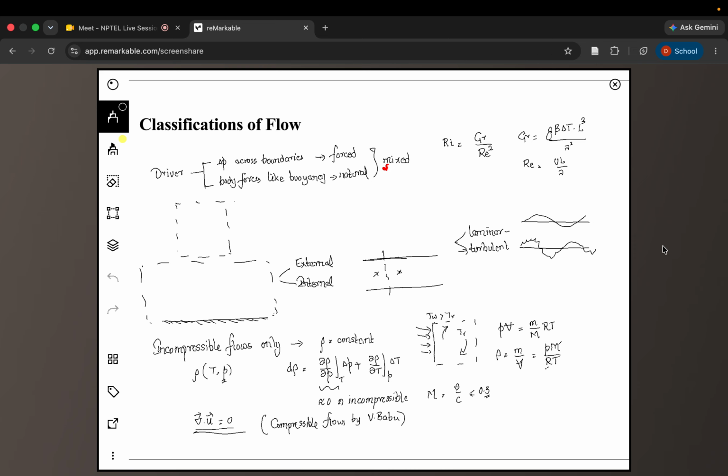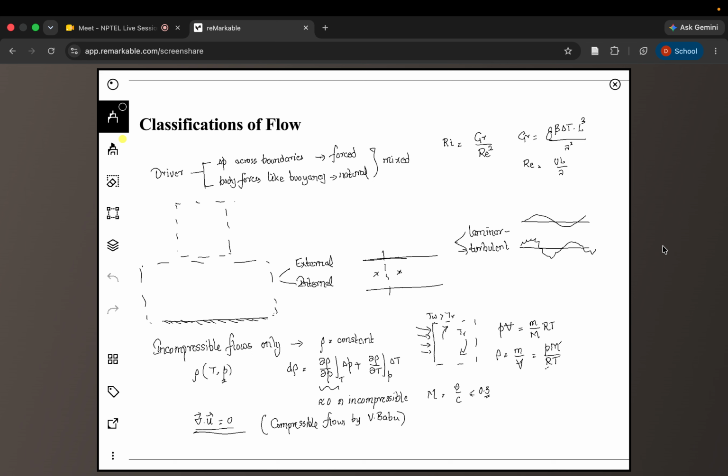And how do we identify these regions based on some non-dimensional numbers? This is important because it helps you pick the correct solver for the problem of your interest. We also classified external versus internal flows depending on how far the influence of the solid is going to extend in your particular domain of interest.